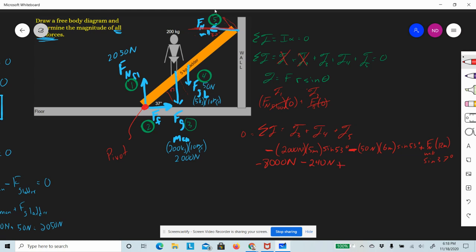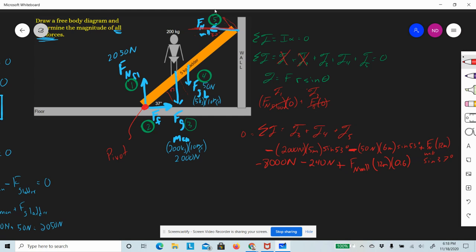Plus the normal force on the wall, that's our unknown. Normal force from the wall times 12 meters times the sine of 37, which is 0.6.